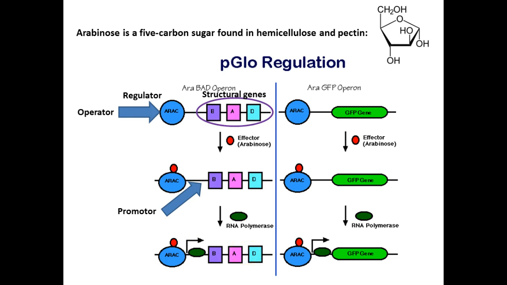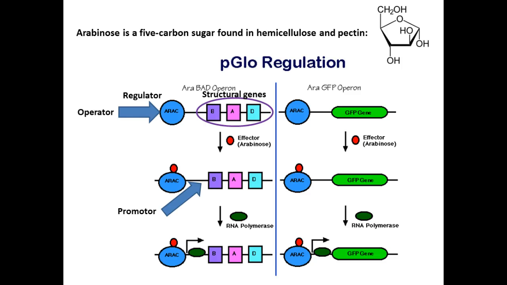What they've done with the pGLO system is they've used this operator, this regulator AraC, and we're using the arabinose. So when the arabinose binds, the RNA polymerase can bind to the promoter and it can copy whatever structural genes are there.